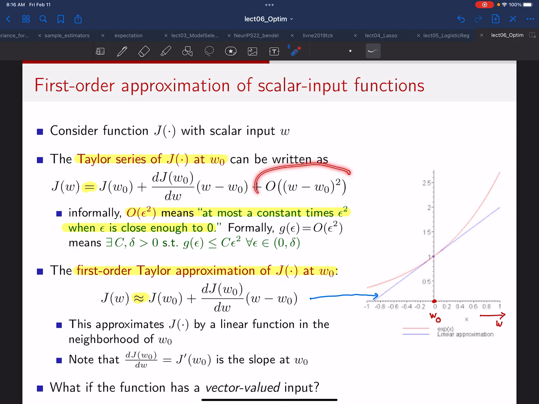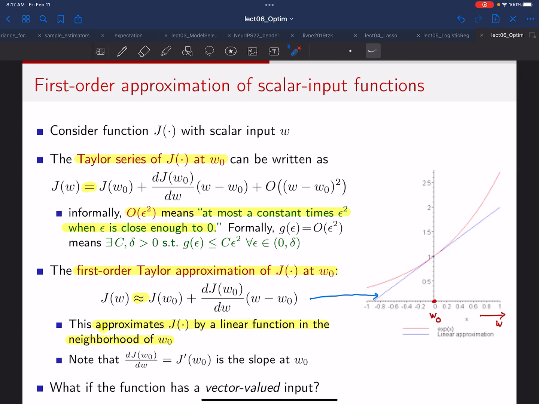And so that's what this is quantifying. Here we're not quantifying it exactly, we're just saying it's good near the reference point. Okay, so again, we are approximating the function by a linear function in the neighborhood of the reference.